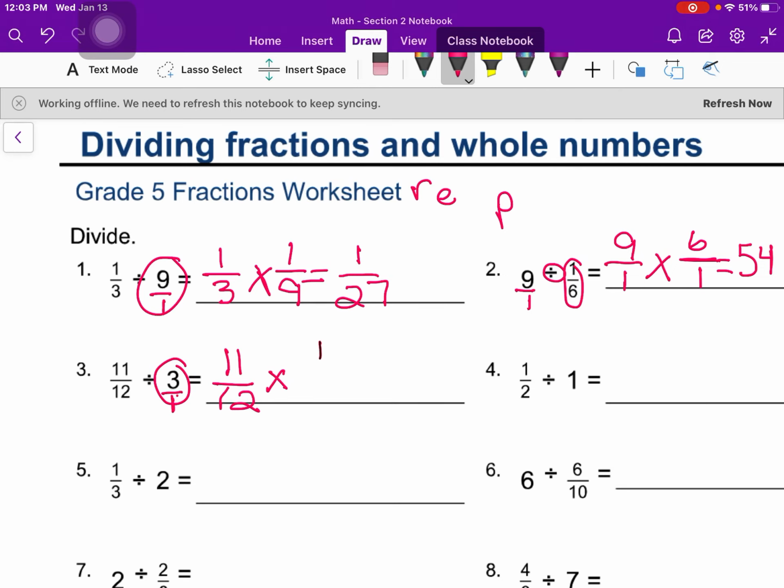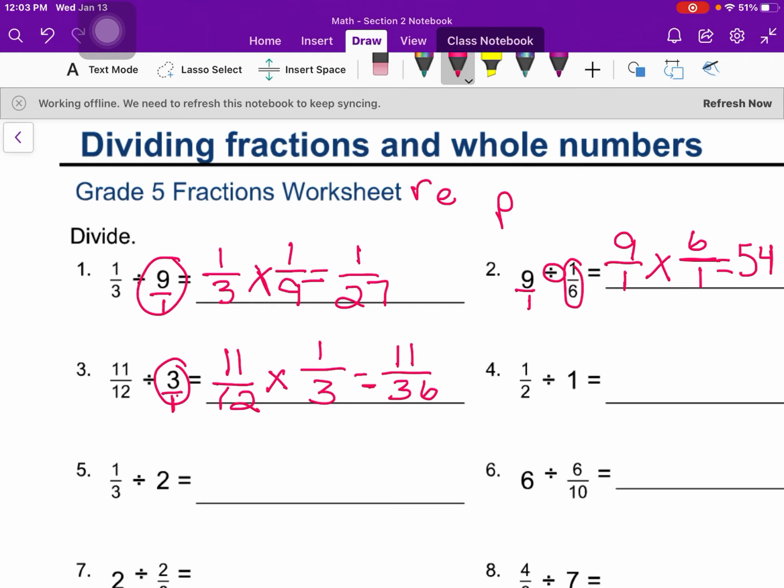So if I flip it, it's going to become 1/3. And simplify if I can. I don't see anywhere that I can simplify because 11 and 3 can't be simplified. And 1 can't, obviously. So 11 times 1 is 11. And 12 times 3 is 36.